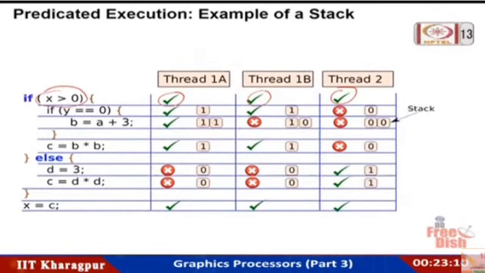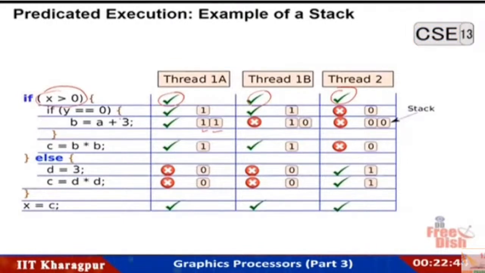As you can see, in the body of the if statement for thread 1A, both the predicate bits are 1 and 1, which essentially indicates that it is on the correct path. But for thread 1B, even though it passed the first if statement, it was not able to pass the second if statement.